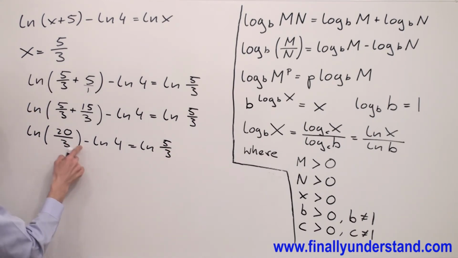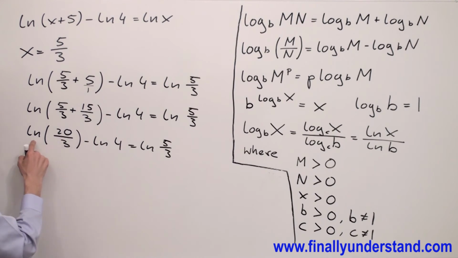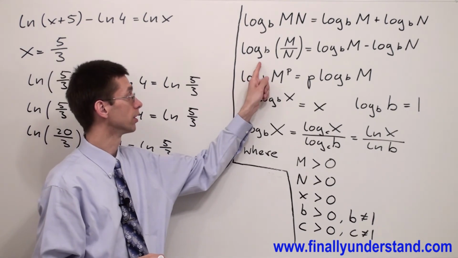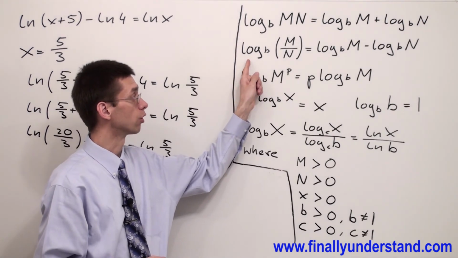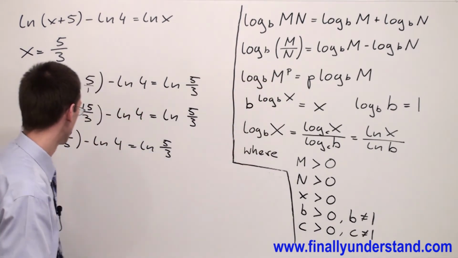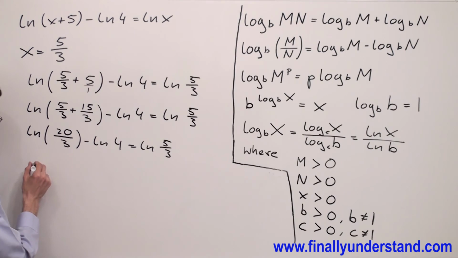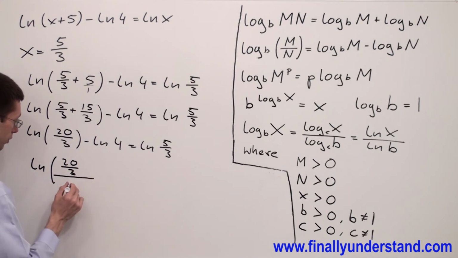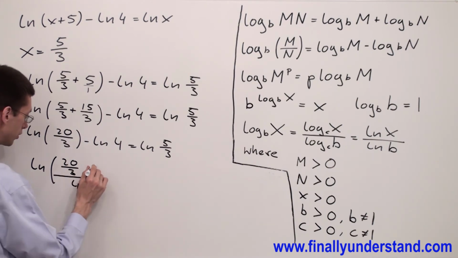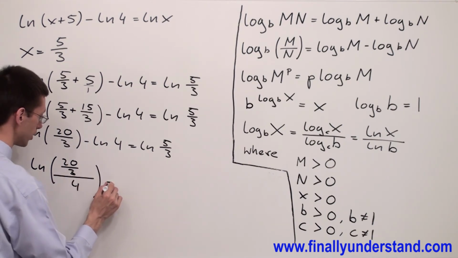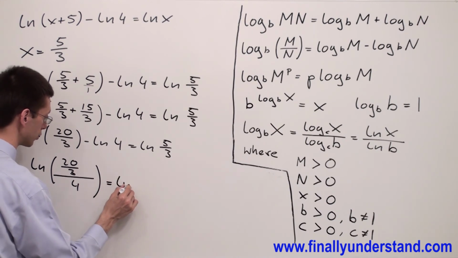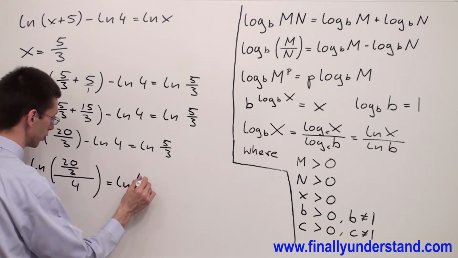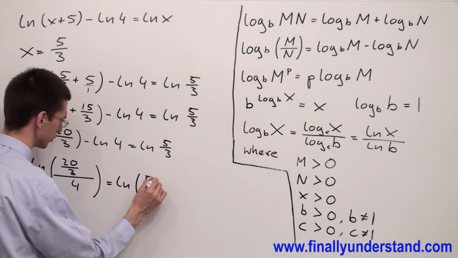I'm supposed to use the properties of logarithms because I have a difference of two logarithms. I'm supposed to use the property for the log of a quotient. And I'm going to have natural log of (20 over 3) over 4 is equal to natural log of 5 over 3.